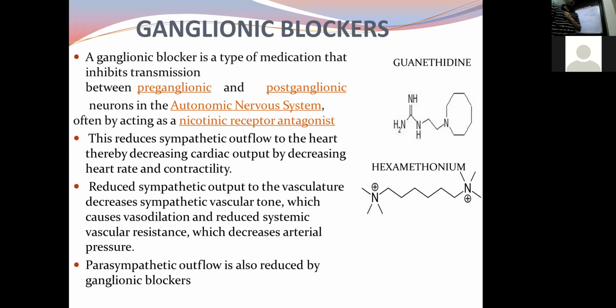And in case of hexamethonium ion, you have a quaternary ammonium, trimethyl amine, which forms a quaternary ammonium salt. So you have two quaternary trimethylamino groups, which are separated from each other by 6 carbons, that is a hexane chain, and you get hexamethonium.